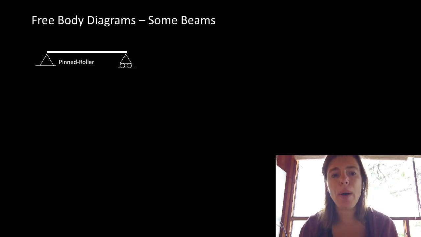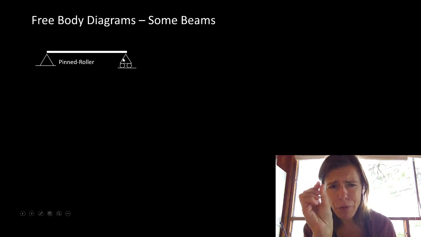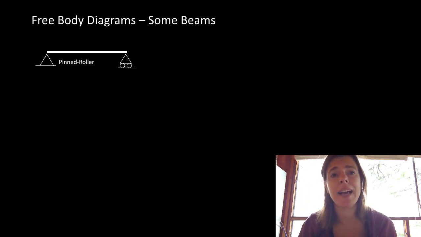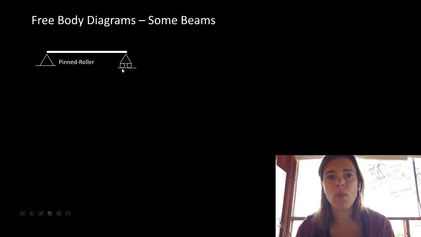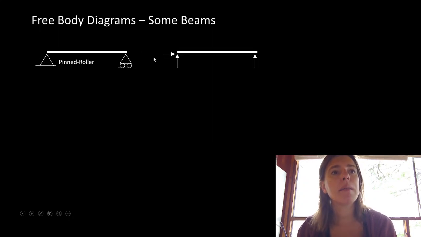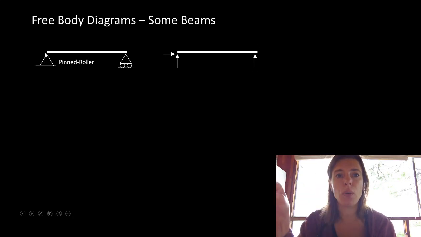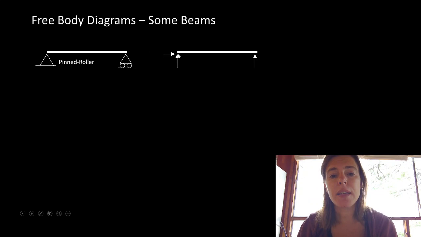Some other free body diagrams. The most common kind of beam system we look at is a pin roller. We know that the way we detail it allows this to move just a micro fraction of a tiny bit, but that's enough to say that movement happened and we've got a pin roller condition. So the free body diagram of that is reaction, reaction, and the only place we can resist load going back and forth is right here, because this one is a roller.